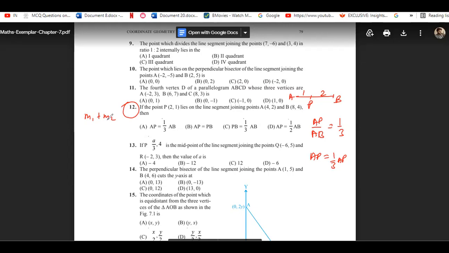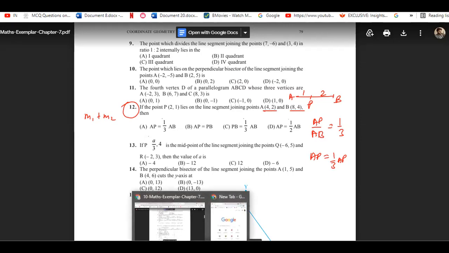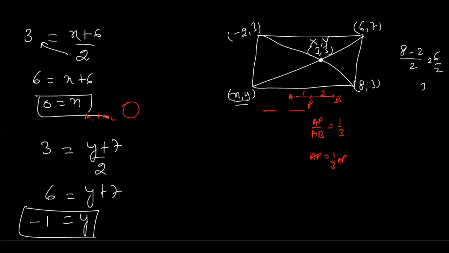Okay, let me solve this question for you. It's taking time. The points are 4 comma 2, 8 comma 4, and 2 comma 1, as a line segment.